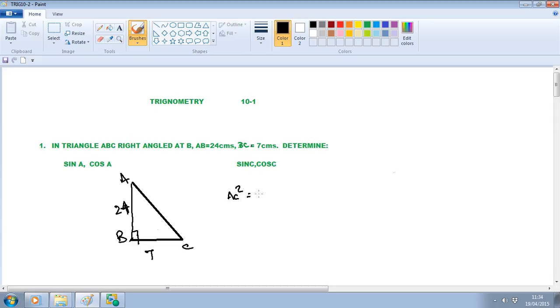AC square is equal to AB square plus BC square, that is 24 square plus 7 square.